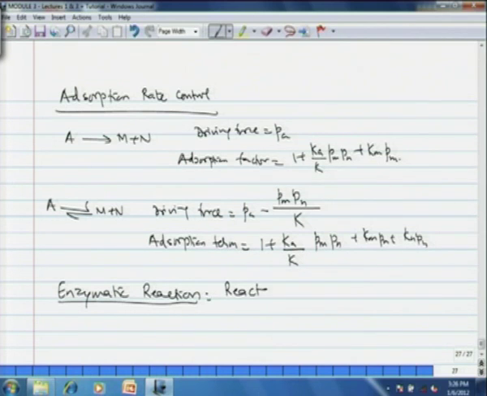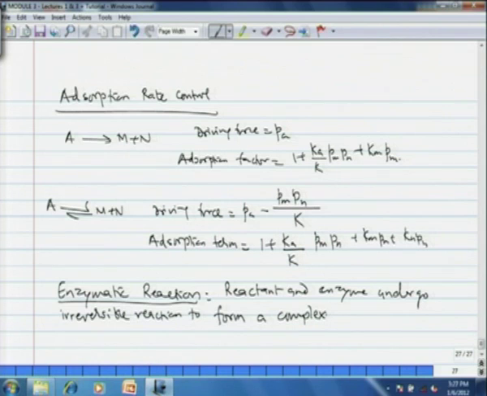Enzymatic reaction: a reactant and enzyme undergo a reversible process to form a complex, and the reactant portion of the complex breaks down to form product, and enzyme is regenerated.